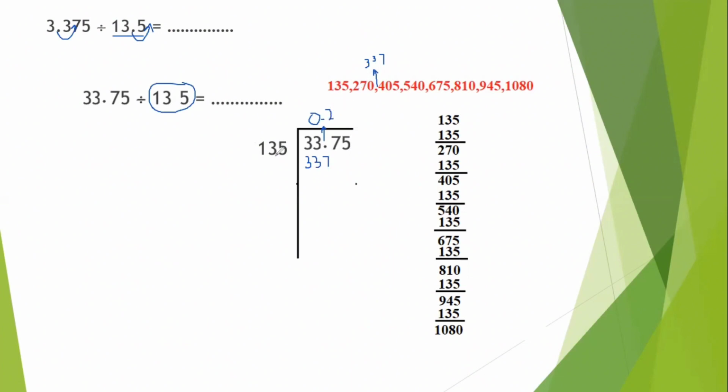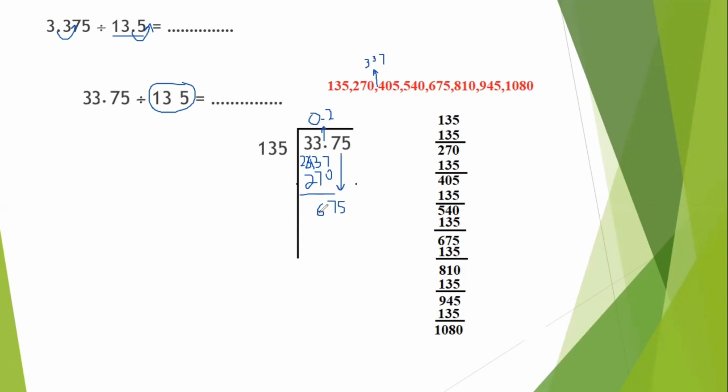2 times 135 equals 270. Subtract. 7 minus 0, 7. 3 minus 7, borrow. This will be 13 and this will be 2. 13 minus 7 equals 6. 2 minus 2, 0. Now, get down the next digit, which is 5.